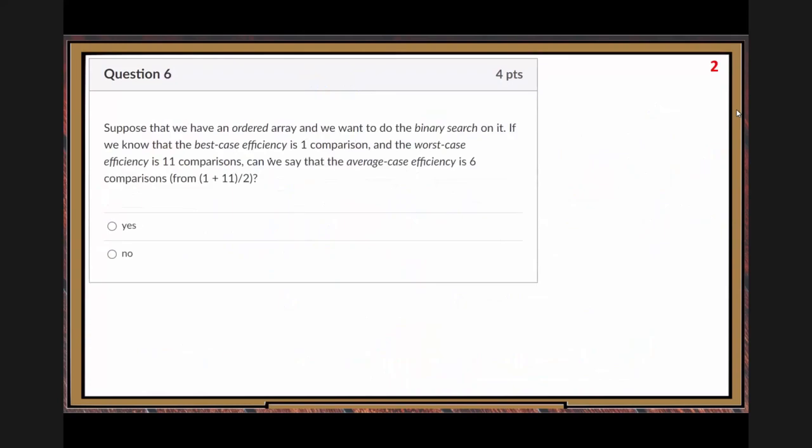This one. First, the answer is no. We cannot use this way. Because remember when we calculate the average case efficiency for the binary tree, we calculate the average number of comparisons.